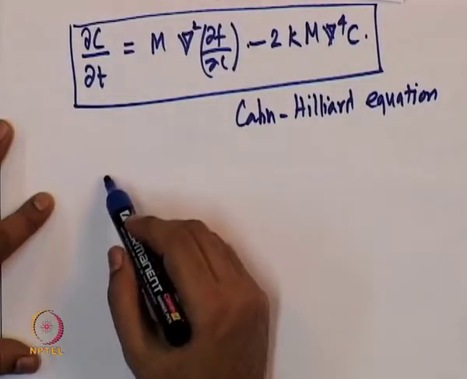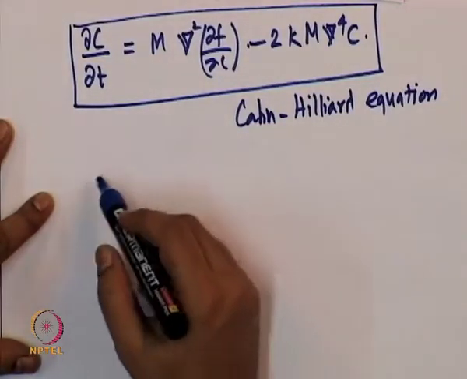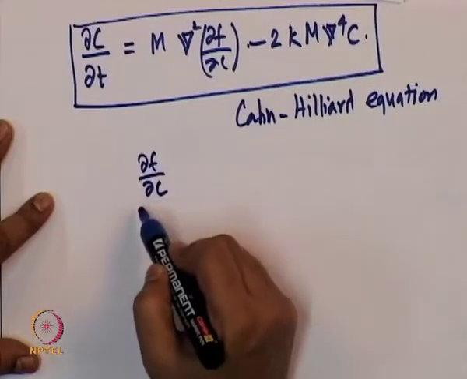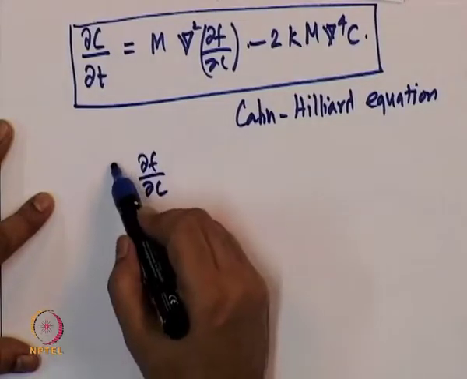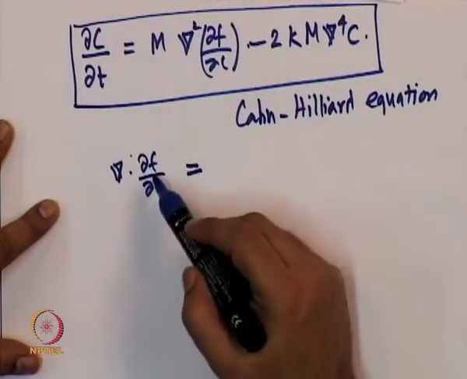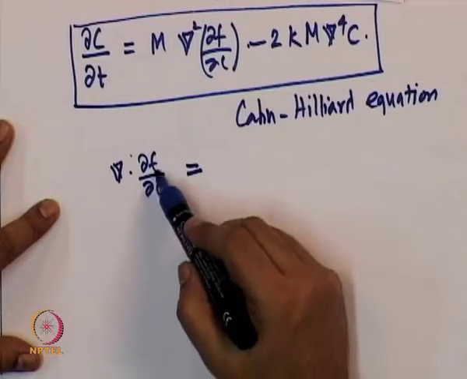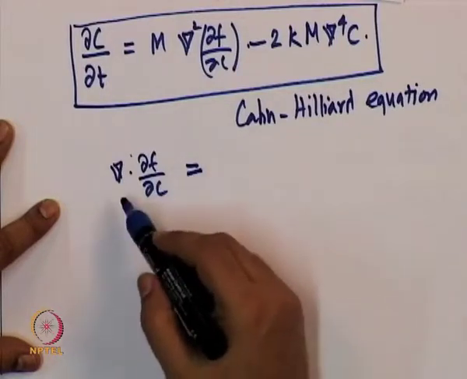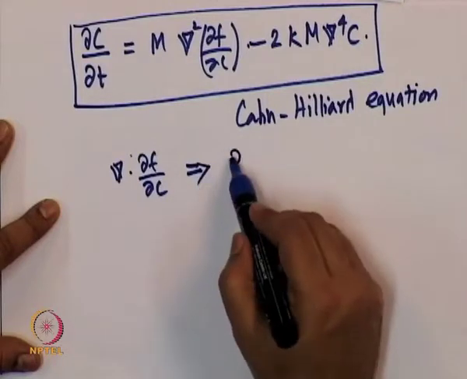The first one is in del mu. So, mu had this dou f by dou c term, and when we acted del on this, there is a way to write this. So, del is nothing but, for example, if it is 1 d, dou by dou x.